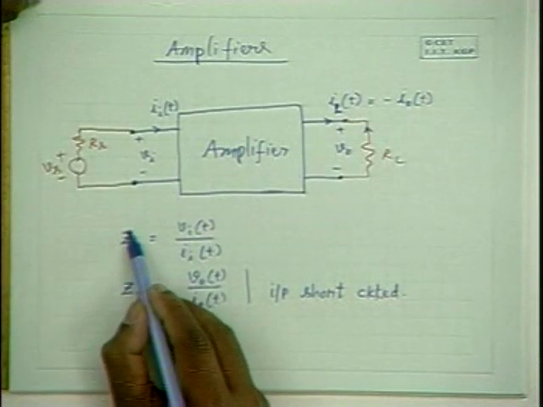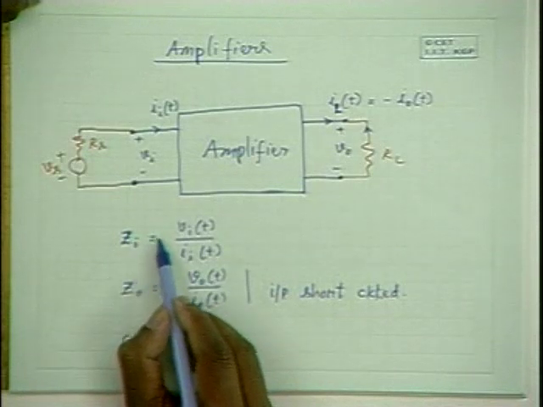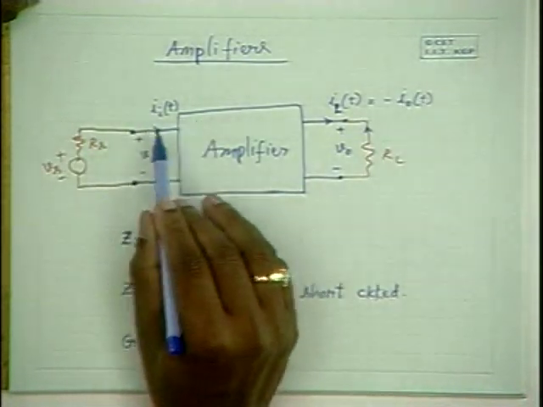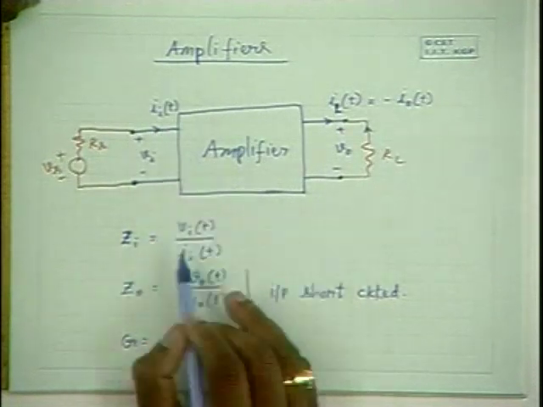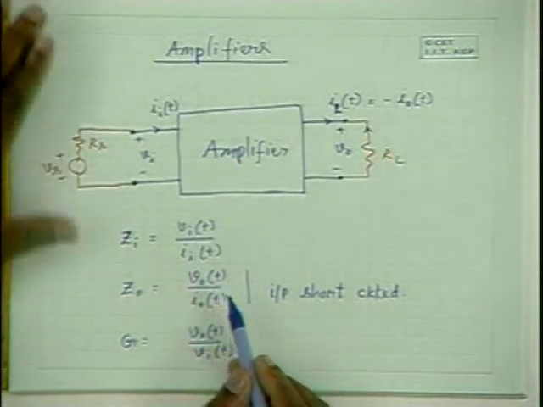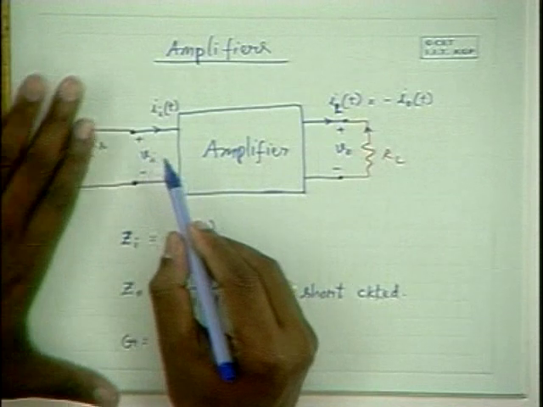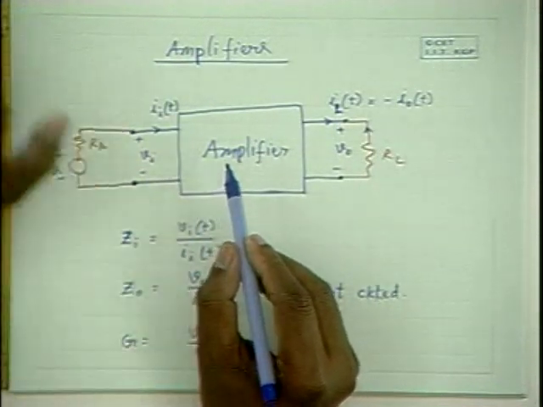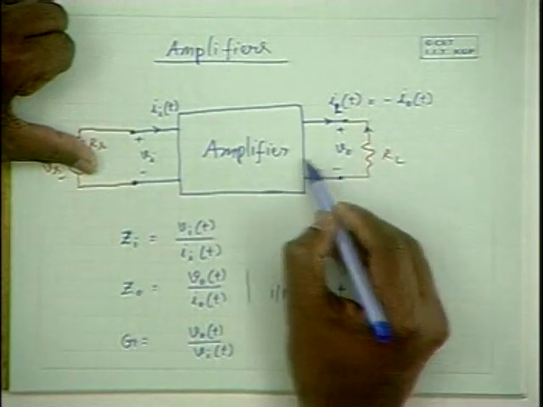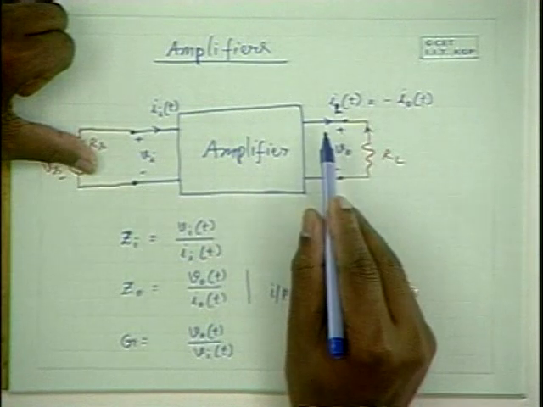Hence, the input impedance Zi is defined as VIT divided by the input current IIT. So that is for the input impedance. Similarly, for output impedance, as I mentioned, when the input is short circuited, that means the input voltage source is removed and shorted, then the impedance appearing across the output terminals is the output impedance.